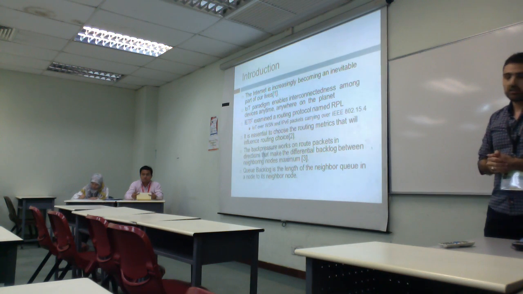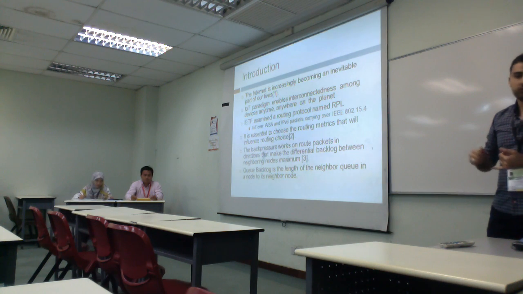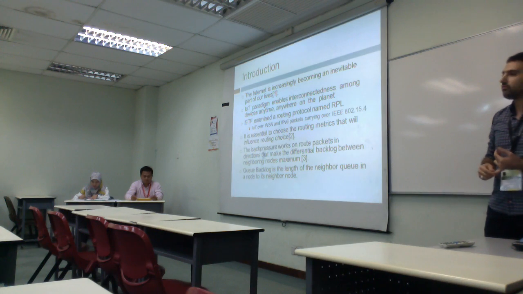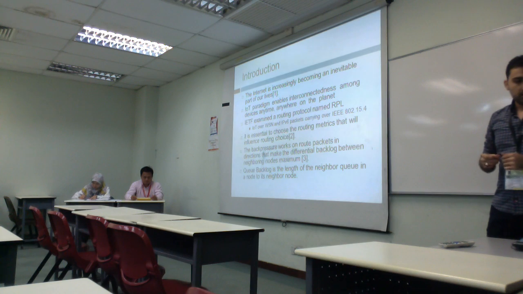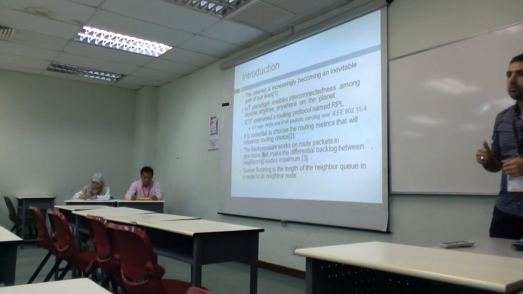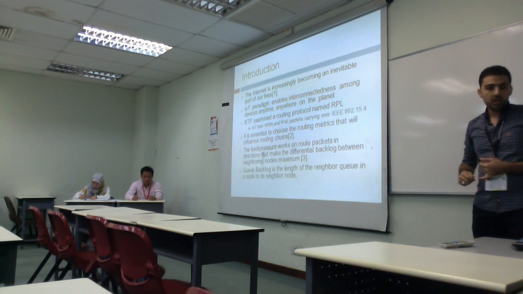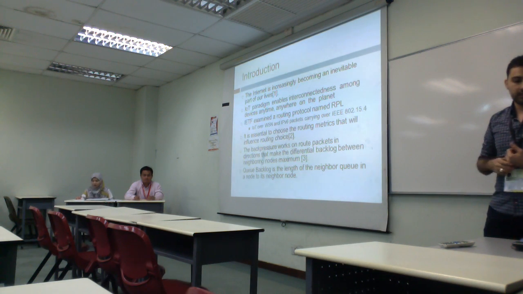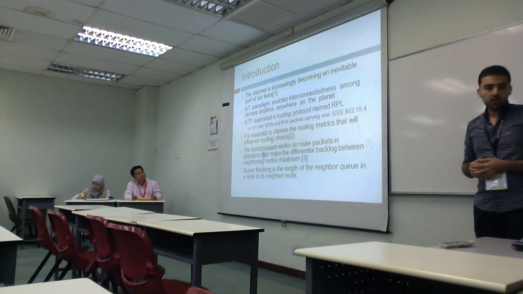For the Internet of Things, many protocols have been issued. One of these protocols is the IETF routing protocol for low power and lossy networks, which is called RPL, which has been issued to enable the Internet of Things over wireless sensor networks, and to enable IPv6 packets to be carried over IEEE 802.15.4.